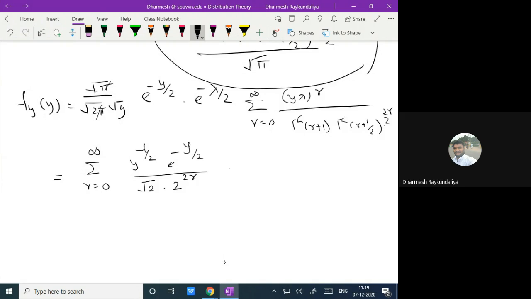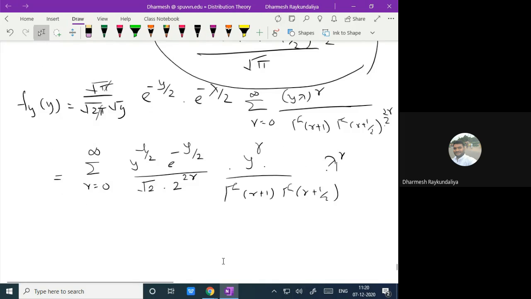Here it is y raised to r upon gamma r plus 1 gamma r plus 1 by 2 into lambda raised to r. So it is not y by 2, it is minus lambda by 2. So keep all lambda terms together.